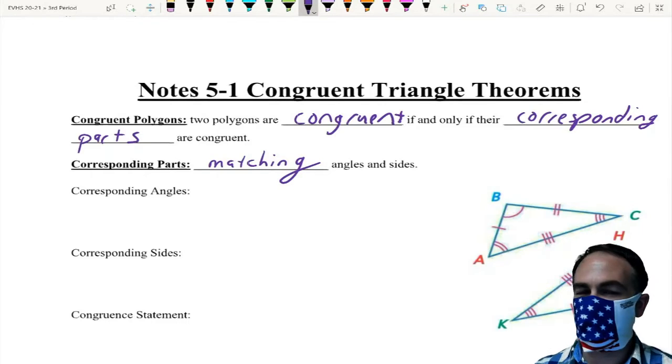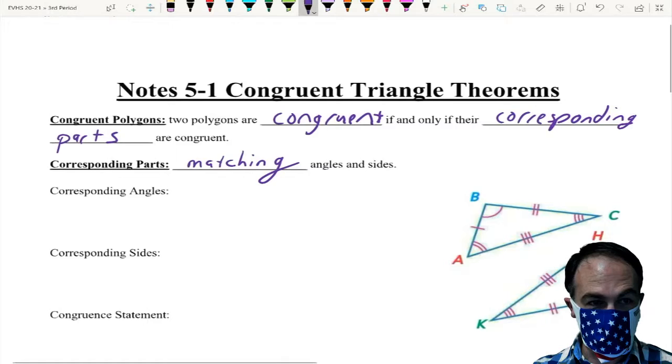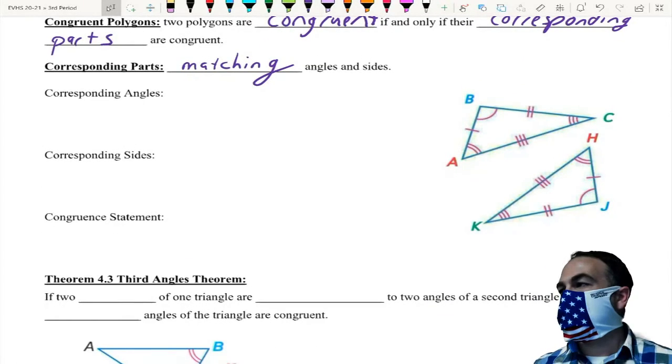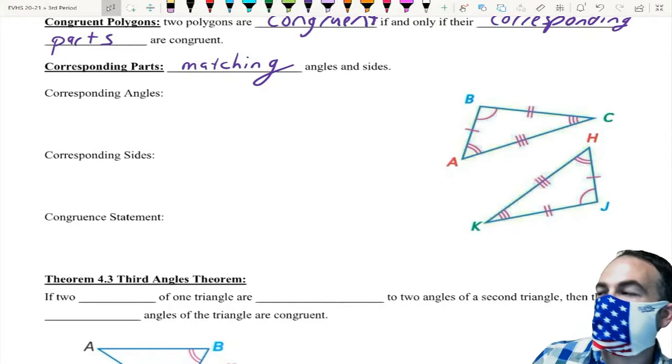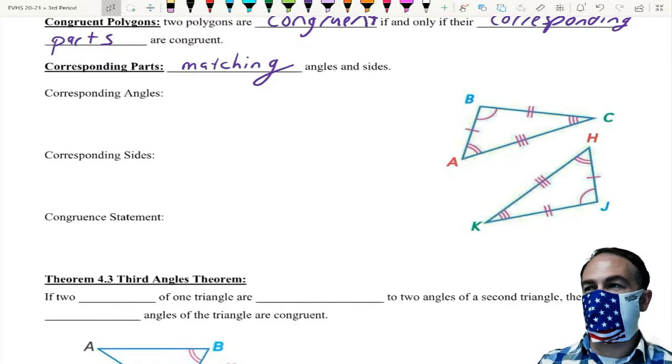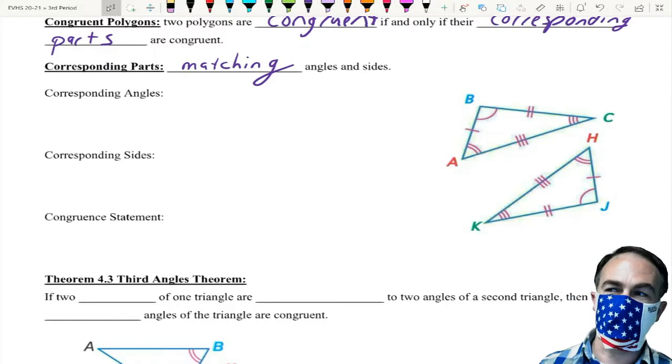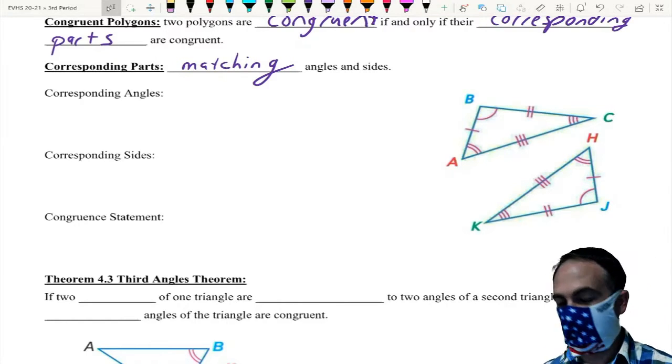Now, when I say matching, what I mean is, for example, on a triangle, you've got three sides and three angles. The two shortest sides correspond. The two longest sides correspond. Two largest angles correspond. Two smallest angles correspond. Okay?